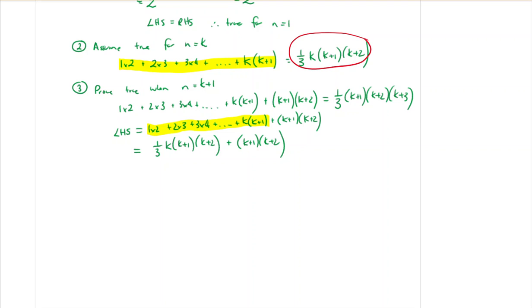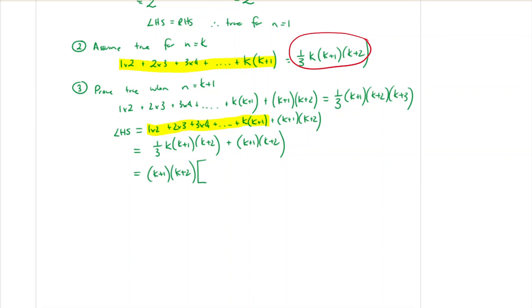So if you have a look at those two terms, there's two terms in that left-hand side expression, there is some common factors in those terms. Can you see them? There is a k plus 1 in both of them and a k plus 2 in both of them. Yes? So I'm taking those out as a common factor. Then I'm going to use a pair of square brackets to put my leftover parts inside when I factorize that out.